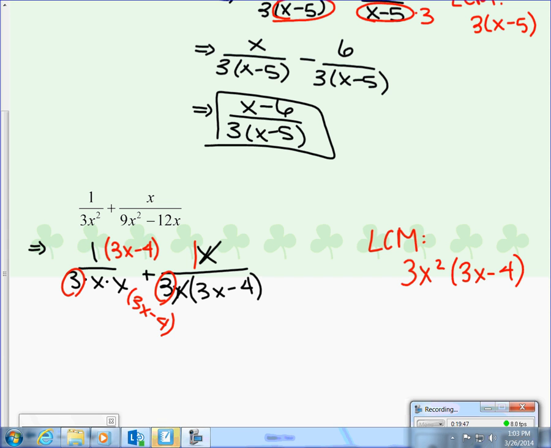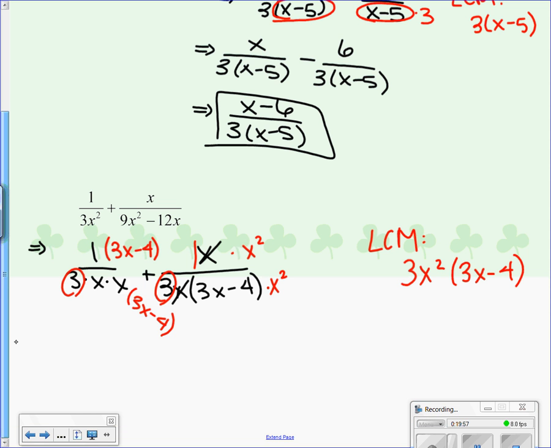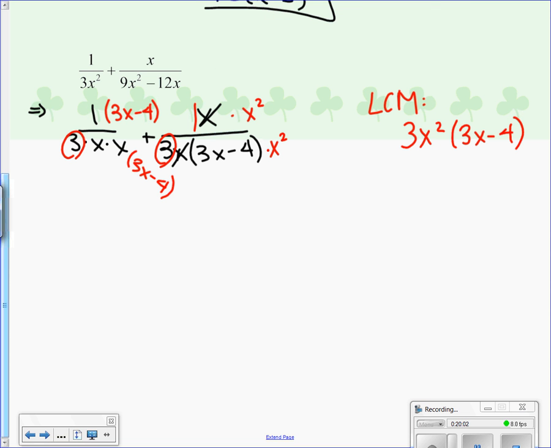X squared. It's missing that whole x squared term. So you're going to multiply x squared on top and on bottom. Exactly. If I didn't recognize that the x's could be canceled, I would have just multiplied it by 1x, because that's what it was missing.